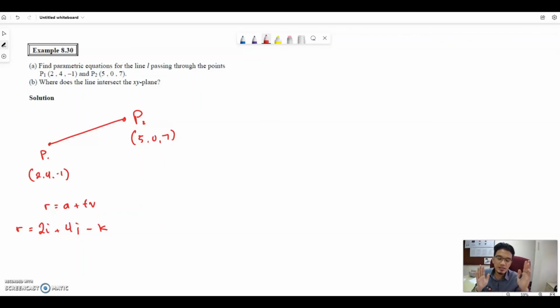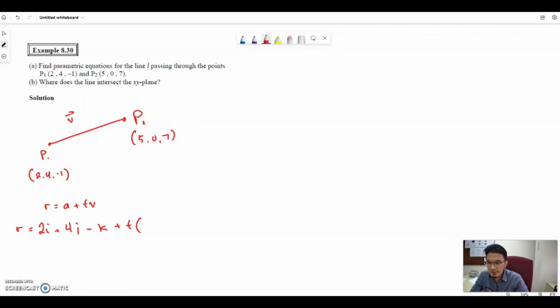Later I want you to use P2 as your fixed point and get your own equation, and then try to solve part B using your own line equation. I continue with a, plus t, and my vector v is just the vector from P1 to P2.